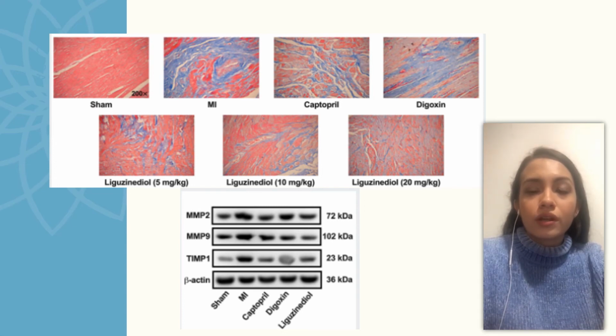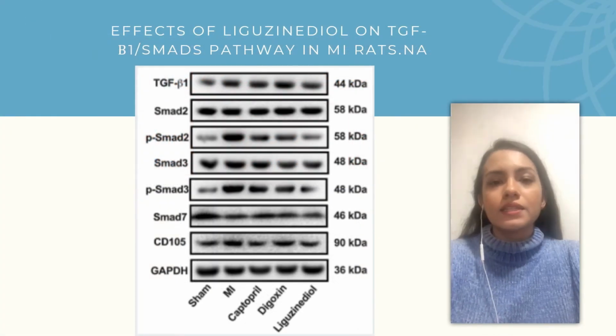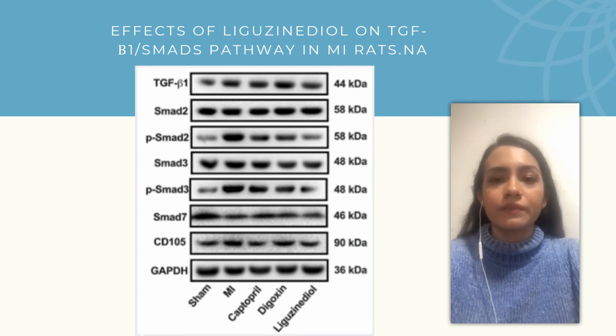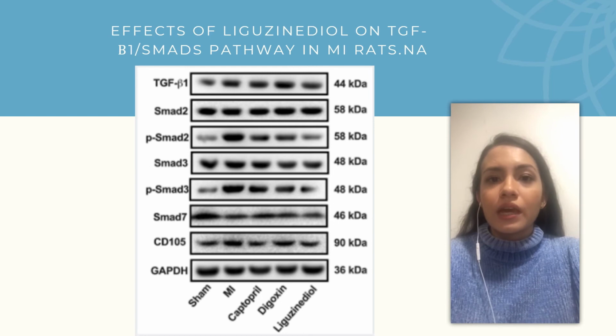Medication regulates the balance of MMP and TIMP. TGF-beta1 is the central regulator of ventricular remodeling, which participates in the myocardial fibrosis process by regulating myocardial growth, myofibroblast activation, and the generation of extracellular matrix.